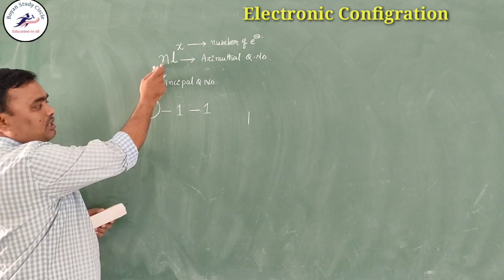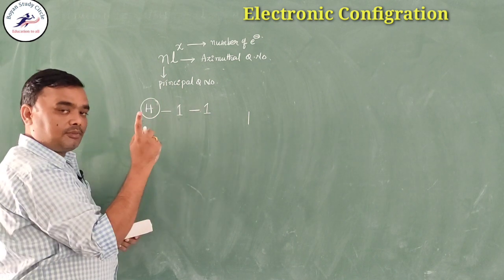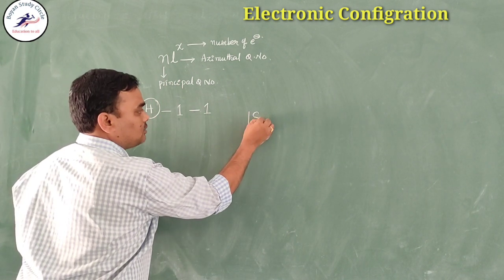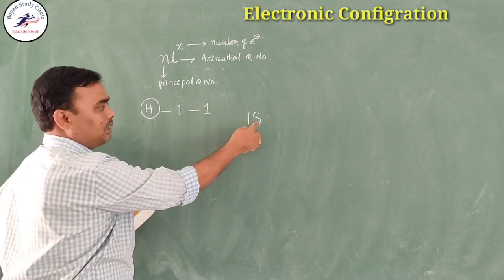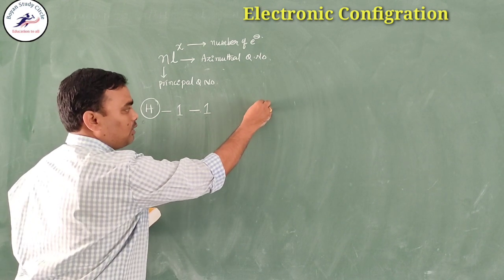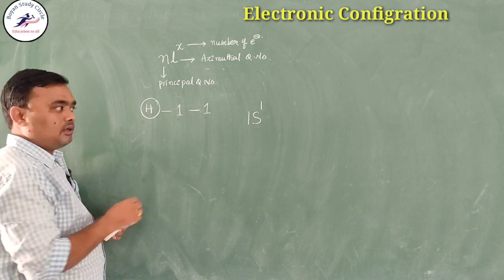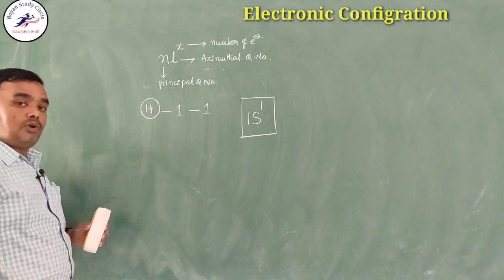And in the first main shell, how many subshells are present? Equal to n, so only 1 subshell is present, that is s, so 1s, and only 1 electron is filled. In the s subshell, how many electrons can be filled? 2. Here only 1 is present, that's why 1s1, right? So you can write the electronic configuration of hydrogen as 1s1.